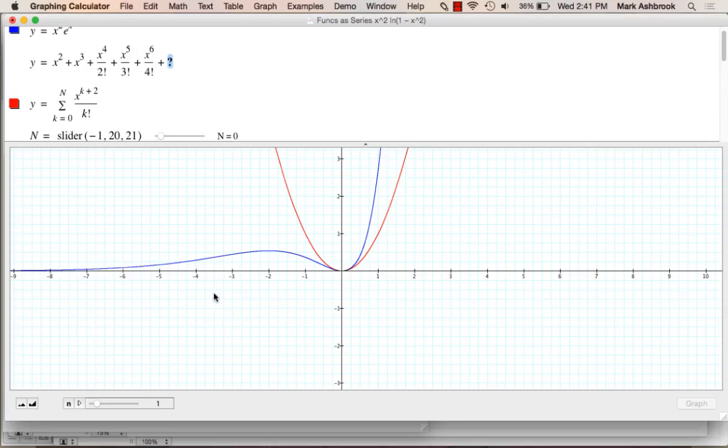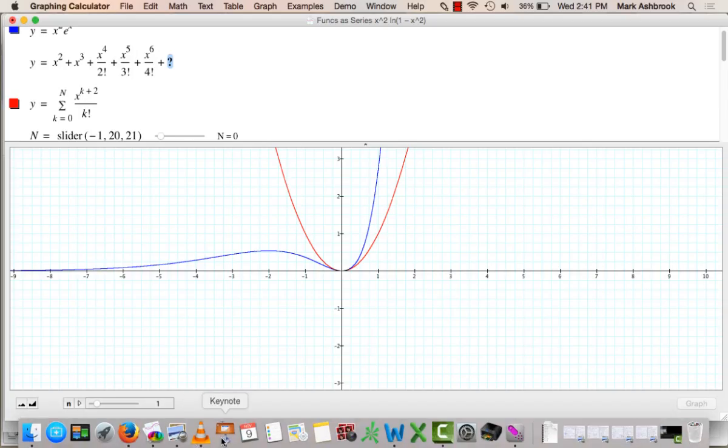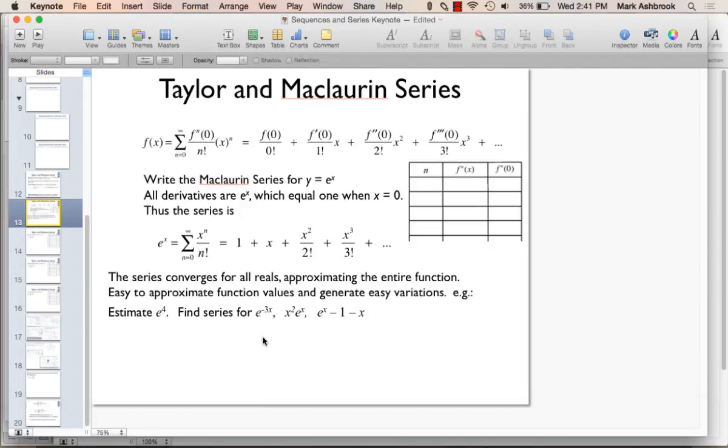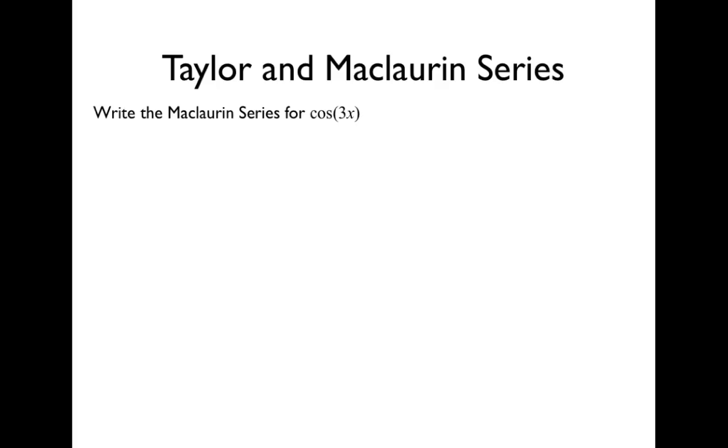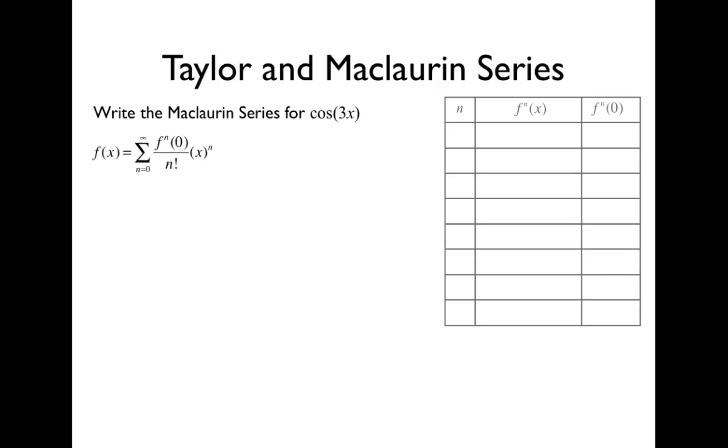Okay, so let's build a Taylor series from scratch that's not centered around 0. We'll do this one fast, and then we'll try the Taylor. Okay, so here's the Maclaurin series for cosine of 3x.